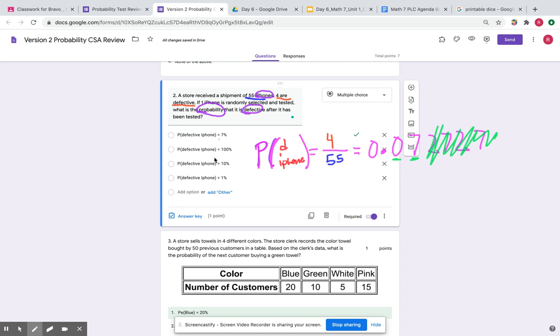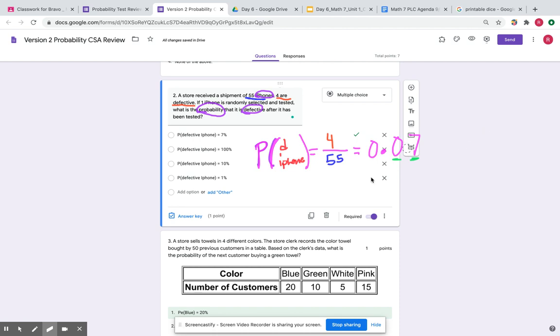Now I'm going to look at the solutions provided over here on this side. I can see that nothing is in a fraction form, nothing is in a decimal form. They're all in percentages. That means I need to convert my decimal value to a percentage. Now, I did tell you guys that you should have learned this in 6th grade, and you should have.